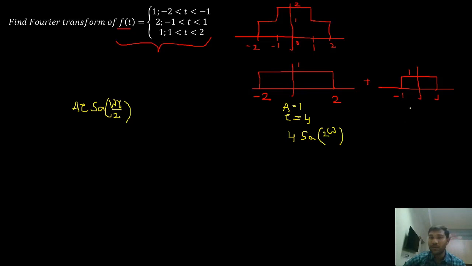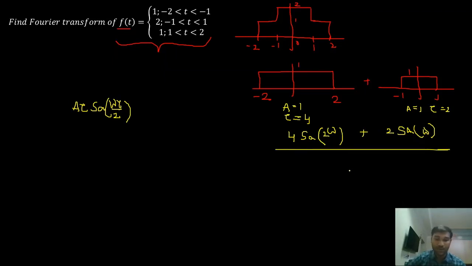And here in this one, A is 1 and tau is 2, so I have 2 sampling of omega, right? I'll add these two, so this is my final answer. That is my Fourier transform.